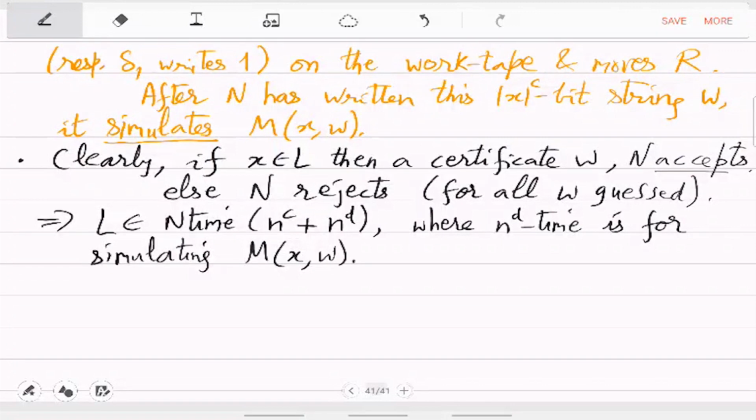Now the converse. Converse means that we will take L in NTIME n to the c and show that L is in NP.